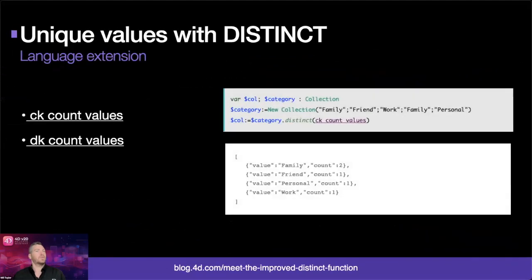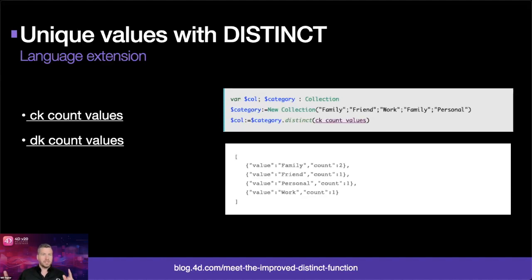And retrieving a list of unique data elements is always helpful when you are manipulating your data. In some cases, you need to retrieve the number of occurrences as well. So with 4D v20, you can do this with one simple optional parameter to the distinct function.